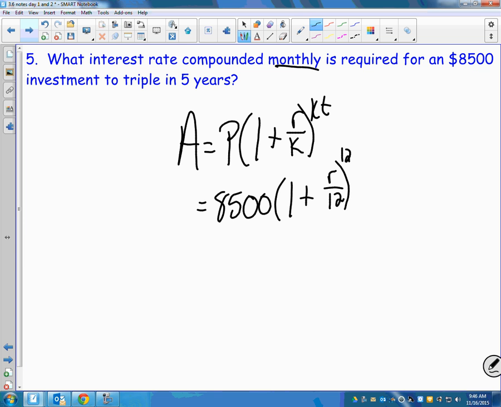I know that's 12, and I know 5 years, so I know that. Do I know A? Because why? I'm just tripling it, so 2 options. You could just triple it, or you could even just say, well, if 8500 is what I'm starting with, and I triple it, I could just say 3 times that starting amount. Or just triple it.